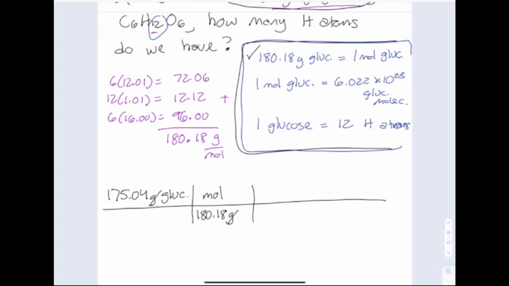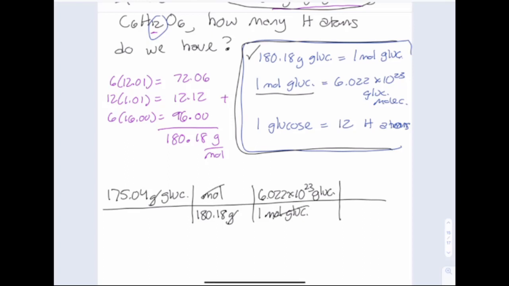I now have moles, and it's moles of glucose, so this is the one I want. So 1 mole, I am going to add it back in here. 6.022 times 10 to the 23rd glucose molecules. I'm just going to leave it at glucose because we're going to run out of room, but those cancel.